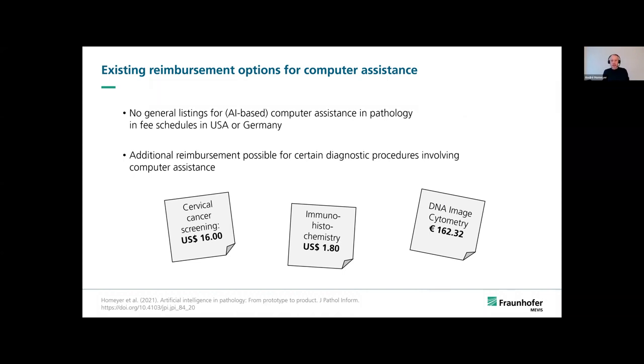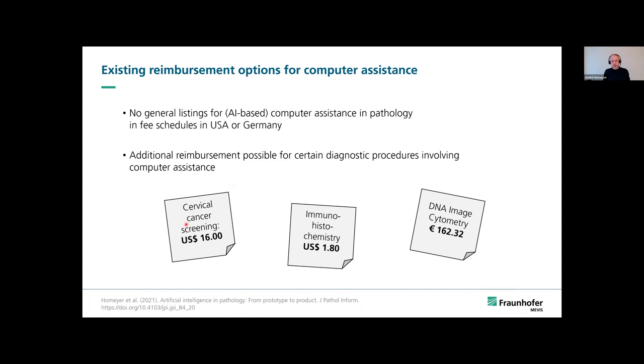Unfortunately, today there are no general listings for AI-based computer assistants in pathology in the fee schedules in the USA or in Germany. However, additional reimbursement is already available for certain computer-assisted diagnostic procedures. In the US, it is possible to obtain reimbursement for the use of computer assistants in the analysis of cytology specimens for cervical cancer screening.